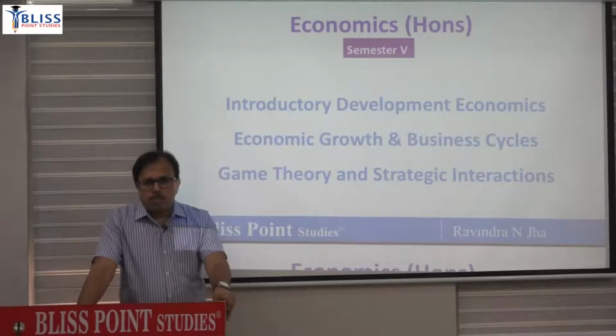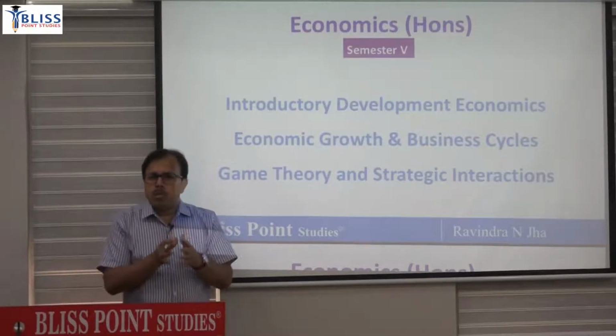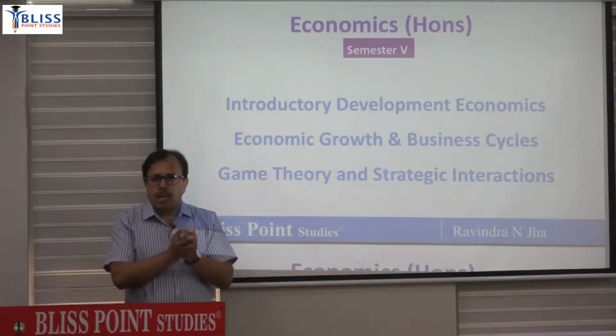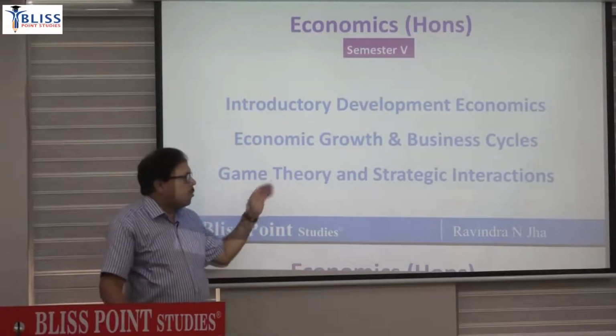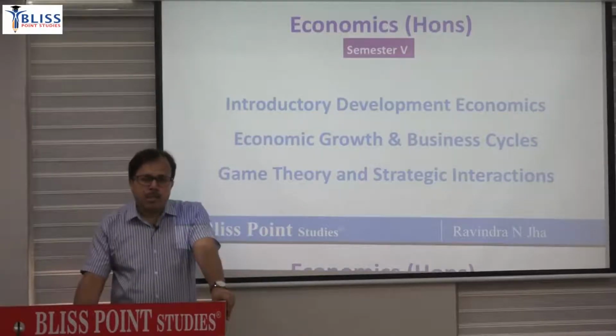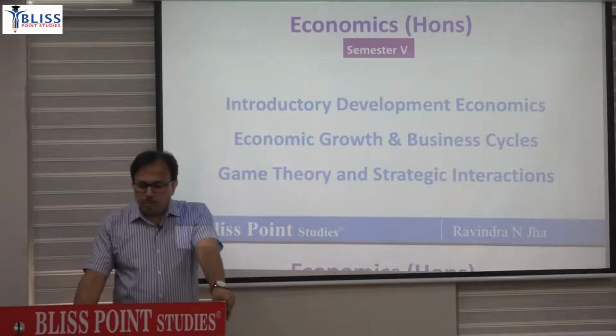So in the old syllabus, growth models were a unit in macro and game theory was a unit in micro, and now these two are completely separate subjects. Economic growth and business cycle is an extension of macro, and game theory and strategic interaction is an extension of microeconomics.